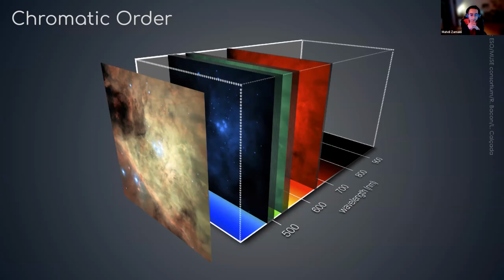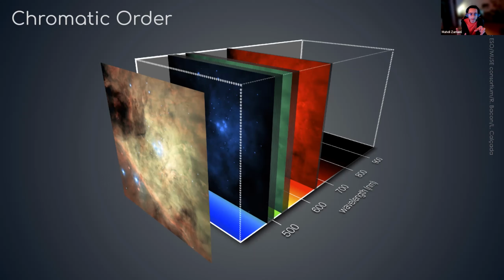And these pretty much correspond to the part of the spectrum that we perceive as colors blue, green, and red.